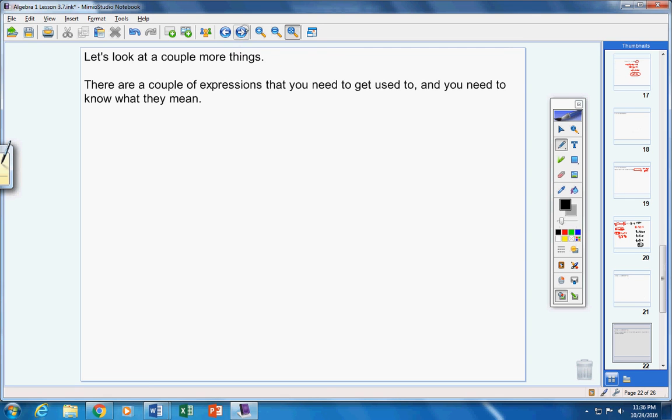Are you ready? There are a couple of expressions that you must get used to, and you need to know what they mean, okay? Here's the first one. Write that in your notes, please. Whenever you hear this expression, write the equation so that y is a function of x, you need to know what that means.